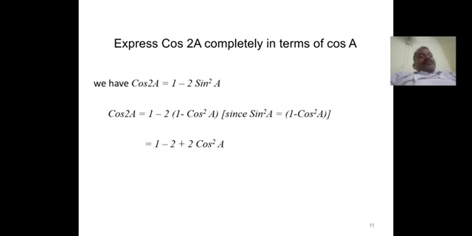And in terms of cos, sin square a is replaced by 1 minus cos square a. Then you can write 2 cos square a minus 1. So you will get 2 cos square a minus 1 for the cos 2a formula.